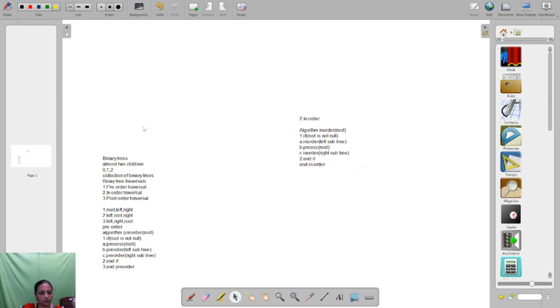In order. So here first I draw one tree, the same example. This one is A, B, C. This one is D node. This one is E node.